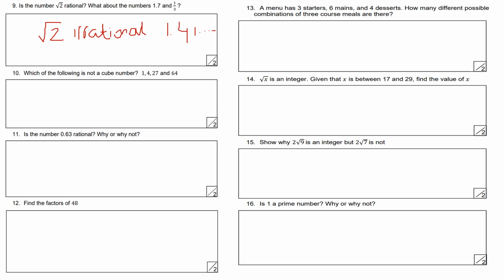The numbers 1.7 and 1/3 are actually rational. So it is a whole number, a terminating decimal, and also some recurring decimals where they can be written as a fraction. So that's the key part to remember.